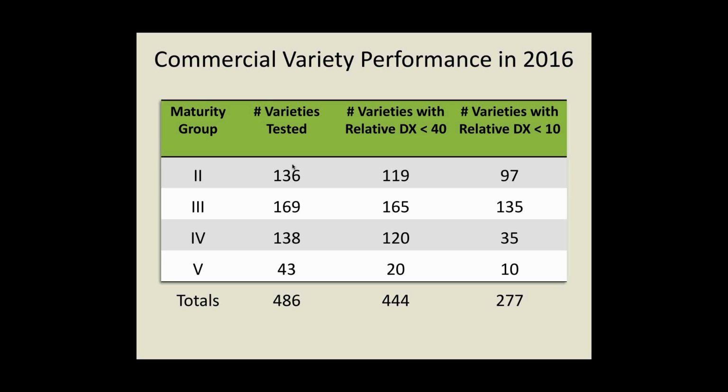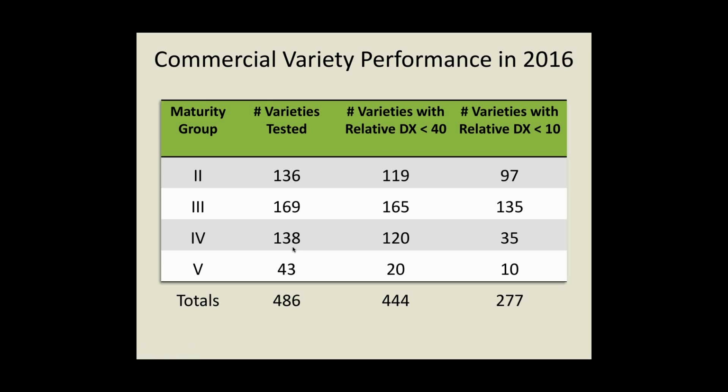Now, one thing I have to tell you is we only tested, and I'm only showing the data from, the Group 2s, 3s, 4s, and 5s. Of those that were tested, we had a total of 486 varieties just within these 4 maturity groups. And these are varieties that the companies chose to send in.